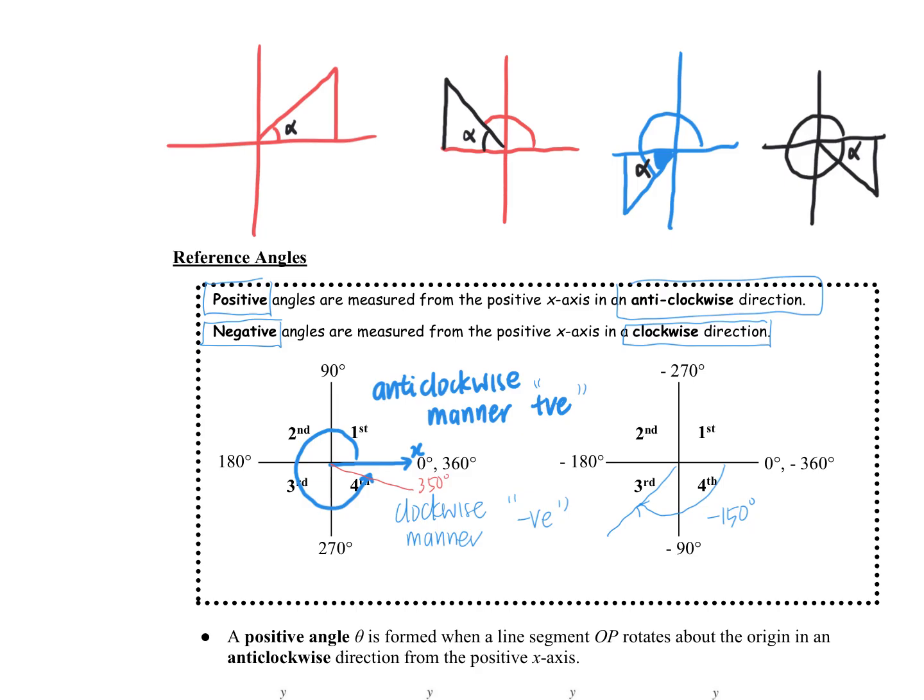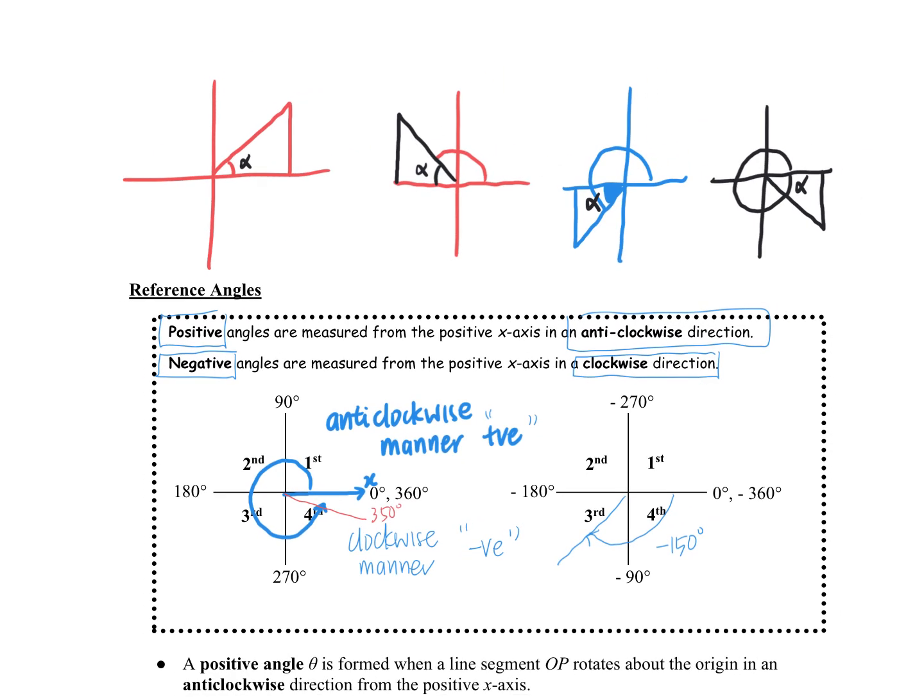So no matter whether your angle is acute, obtuse, or reflex, we will ensure that the right angle triangle formed is always with respect to the x-axis. This is number one rule.